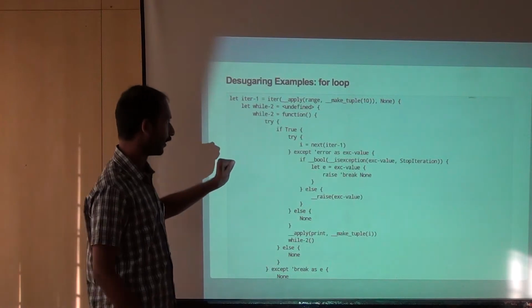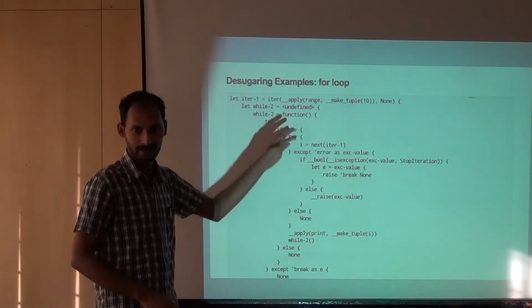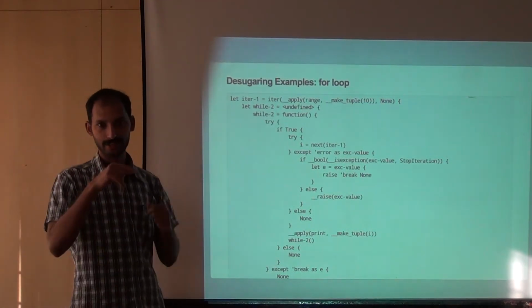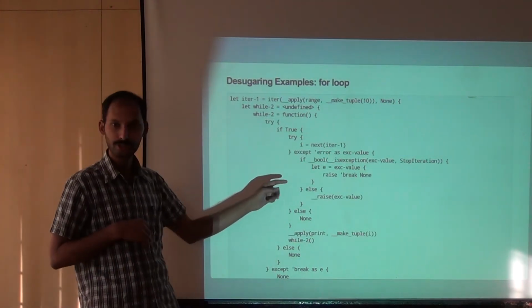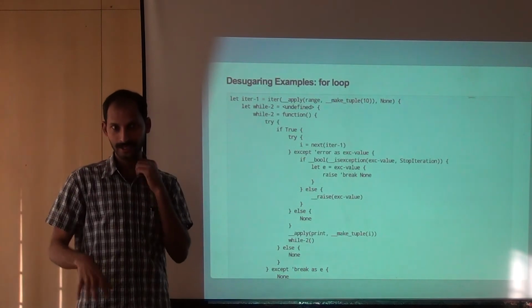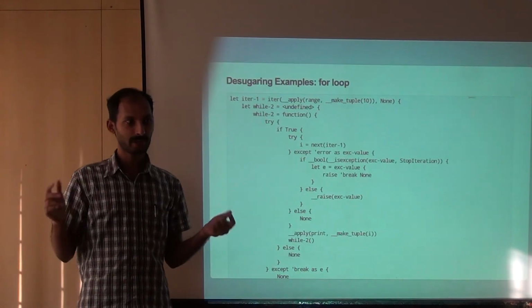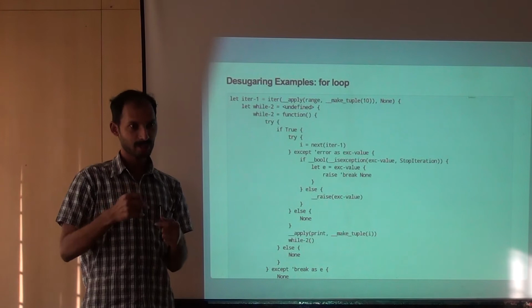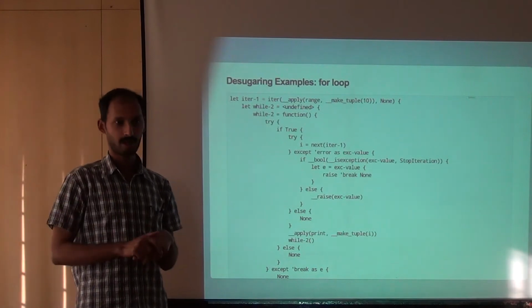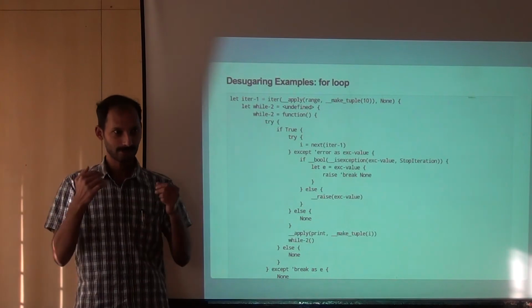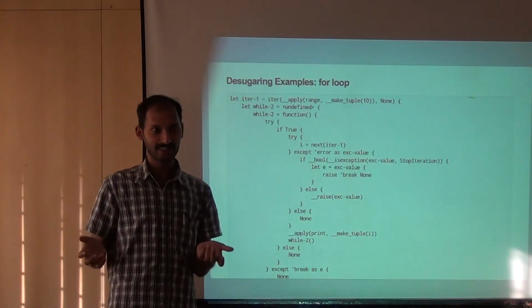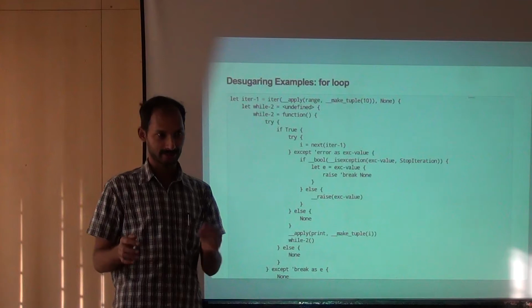So let's try to see how exceptions are handled. If you see, it should try, say next of iter, and then it should except StopIteration. What does except StopIteration mean? It means if the exception is of type StopIteration, but the notion of type is not there in the core language at all. The core language doesn't understand anything about classes, objects, inheritance, and all these things.